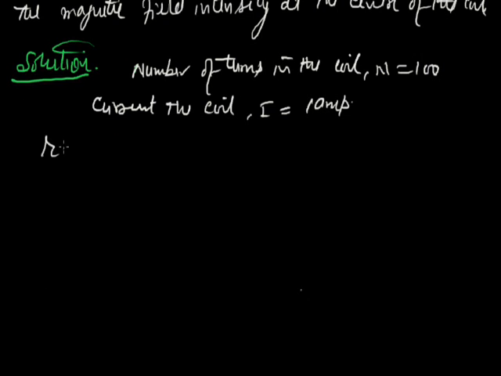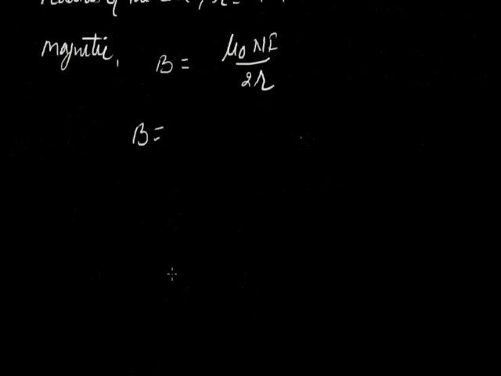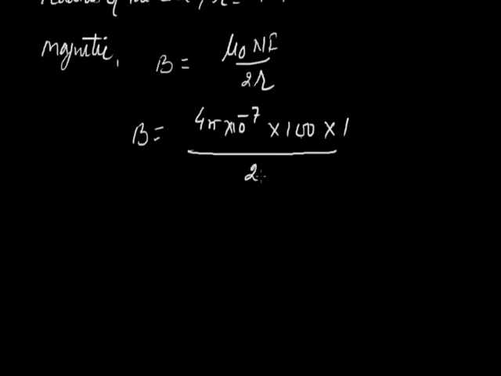The radius of the coil, R is 1 meter, and magnetic field B is mu naught N I upon 2R. That's B is 4 pi into 10 raised to the power minus 7, N is 100, I is 1 ampere divided by 2 into 1, that's B is 2 pi into 10 raised to the power minus 5 Tesla.